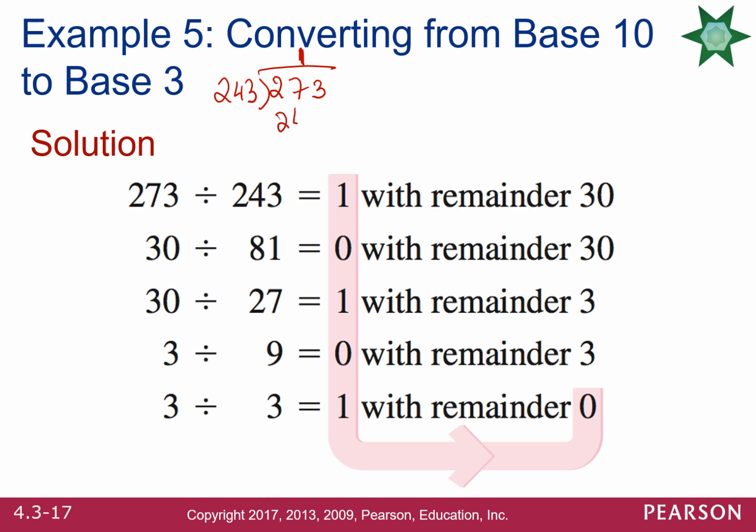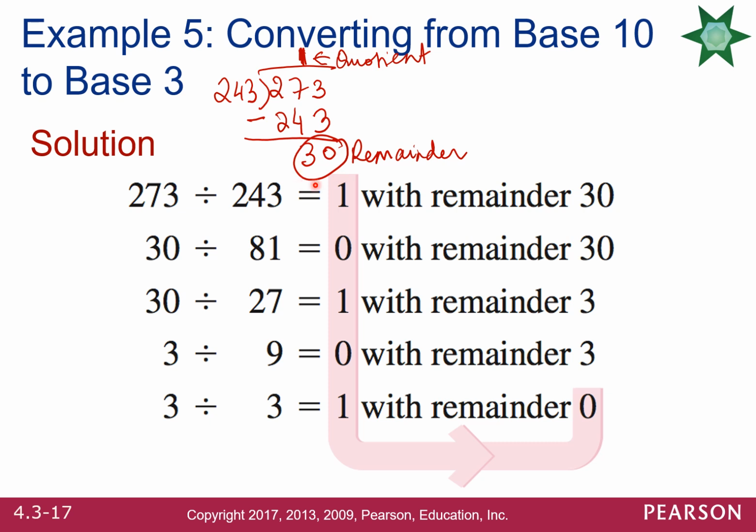So let's write 243 below 273, subtract, and we end up with 30. So the quotient is a 1, all right? This is the quotient, and 30 is the remainder, correct? It's the remainder. So we write here 1 with remainder 30. That's the result of dividing 273 by 243.